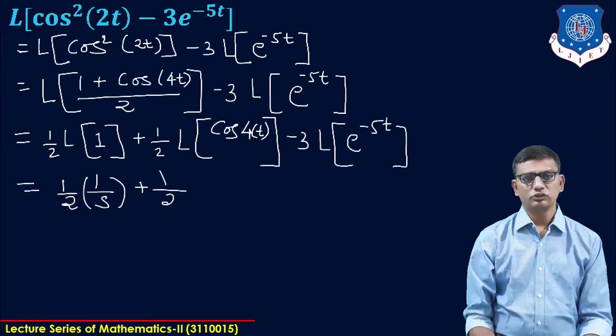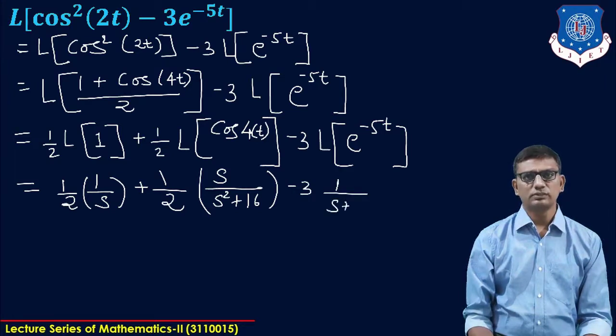We know the Laplace of cos at is s upon s square plus a square, and we have a equal to 4, so our answer is s upon s square plus 16 minus 3. Laplace of e raised to minus 5t is 1 upon s plus 5, because our a is negative here.